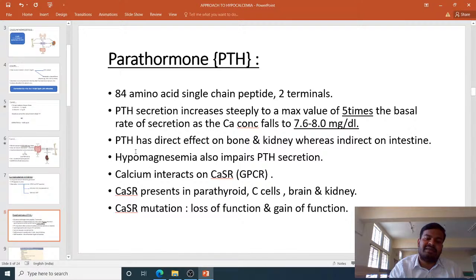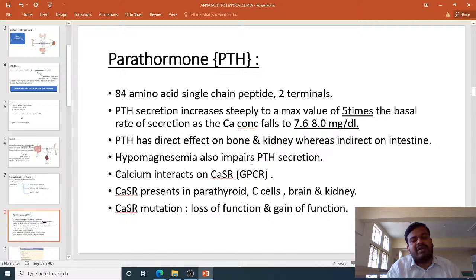It breaks down the bone to release calcium, increases the absorption of calcium from the kidney, and also stimulates the kidney to synthesize more and more vitamin D. In fact, the vitamin D produced from the kidney will stimulate the intestine to absorb more and more calcium from the gut. So this is how calcium is regulated by parathormone.